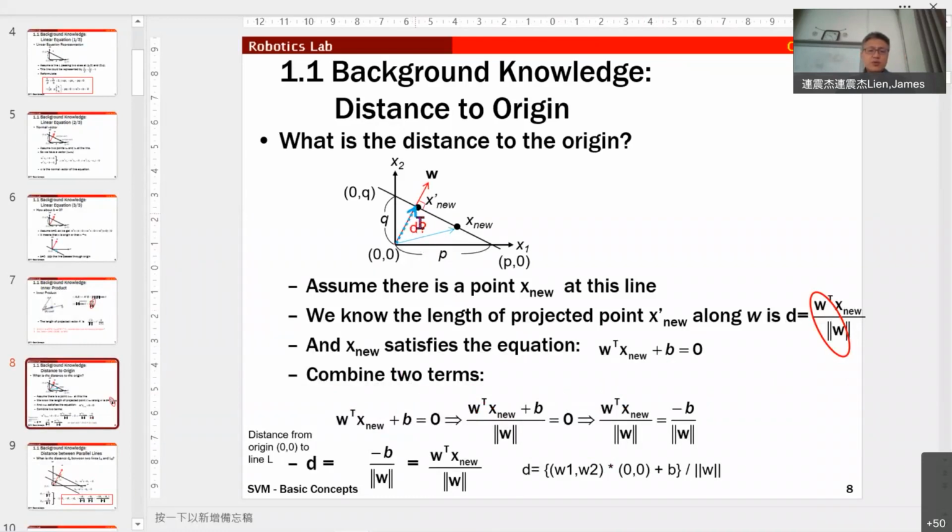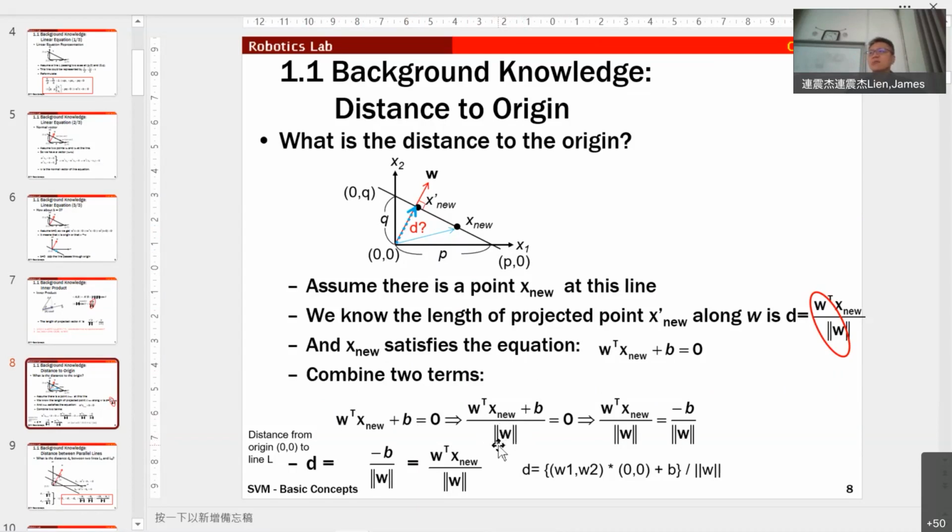So what's D? D is the distance from the point to the line. In any line equation, with rotation and translation, if we divide it, it is normalized by W. Usually we do normalization with the norm in the denominator.